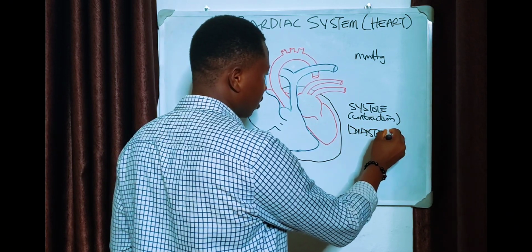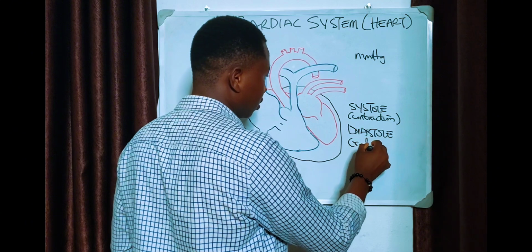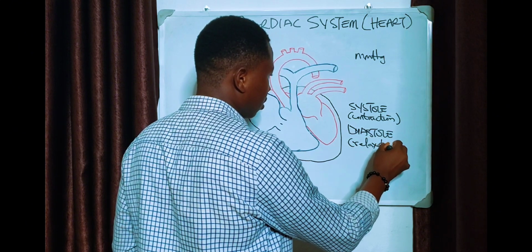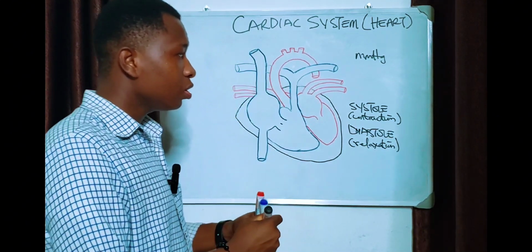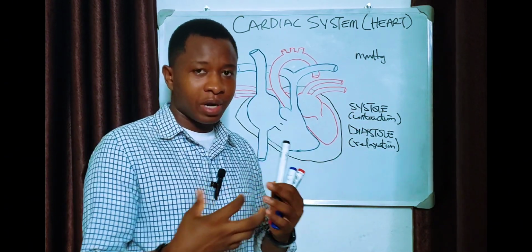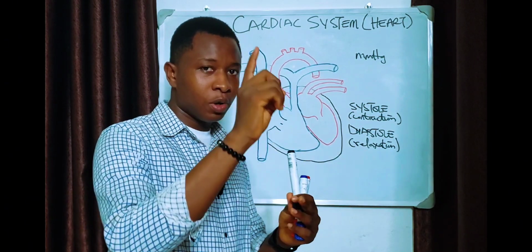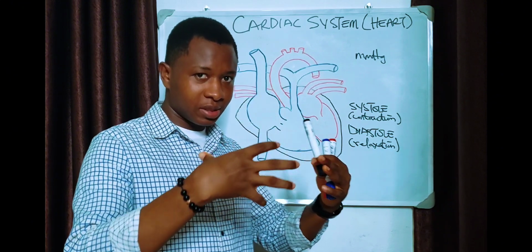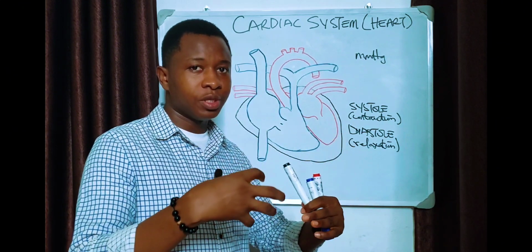So this is relaxation. So contraction, relaxation. The heart will contract and relax. When it contracts, it pushes out blood. When it relaxes, it allows blood to enter into the chambers again.